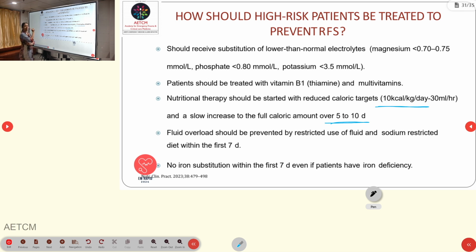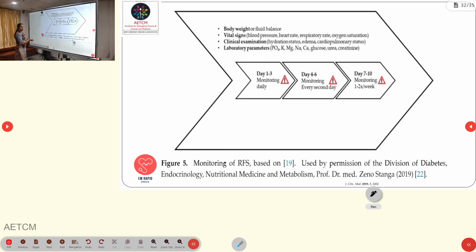So slowly we will build up, and based on that we will slowly give the full diet to the patient, and along with giving feeds, we will have to monitor for dyselectrolytemia. In case of fluid overload, we will have to restrict fluid. Then usually iron supplementation is not given in the first 7 days, even though the patient has iron deficiency, because that can cause a worse outcome.